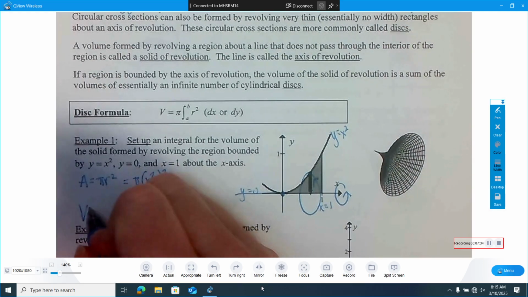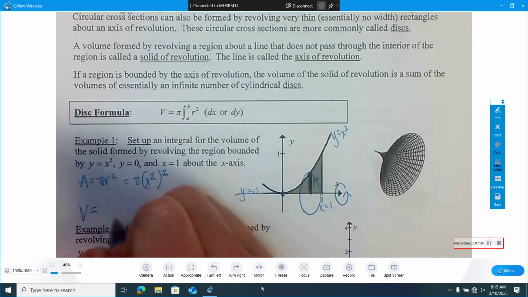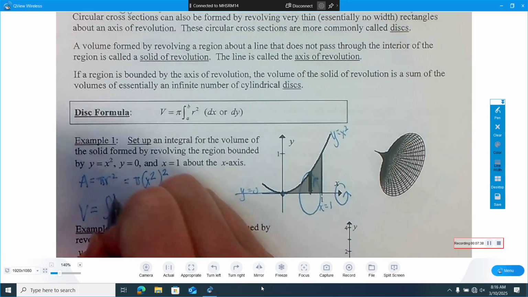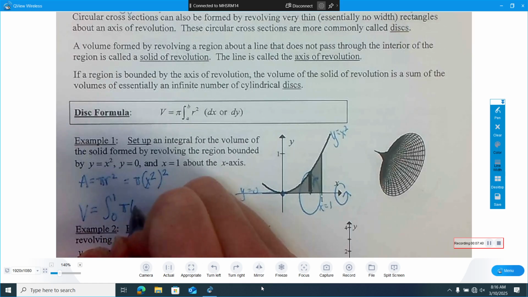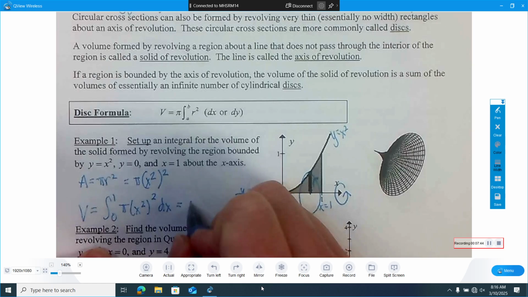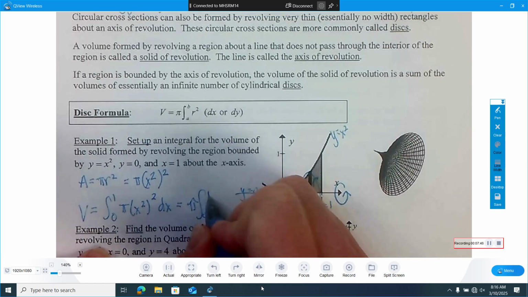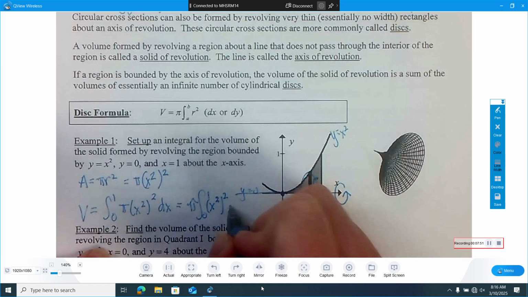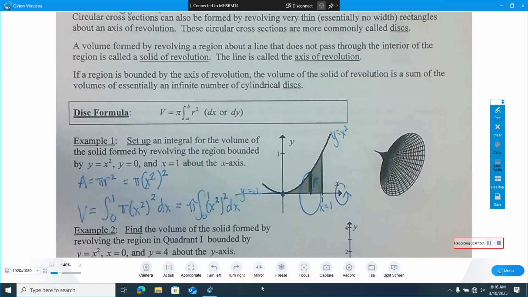So we get our volume equal to the integral, again, from 0 to 1 of pi times x squared, quantity squared, dx. And if I want, I can take the pi out in front just to make life a little bit easier. And of course, x squared, squared could be x to the 4th.